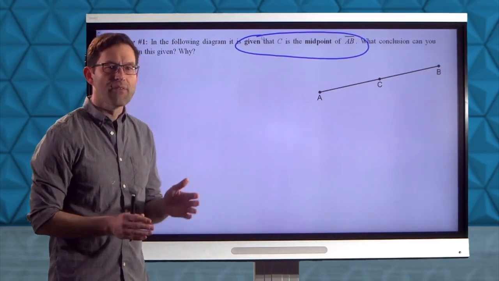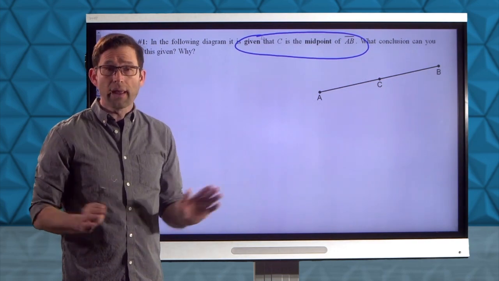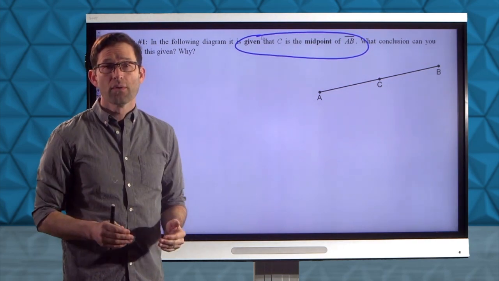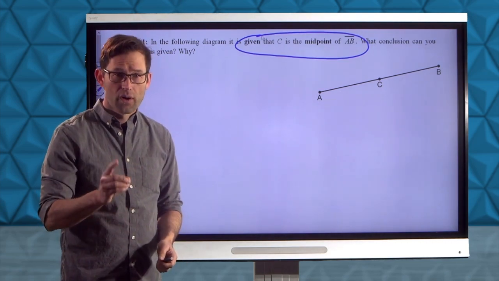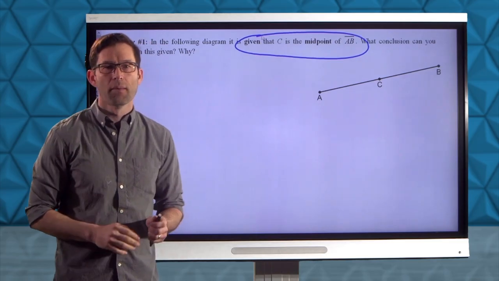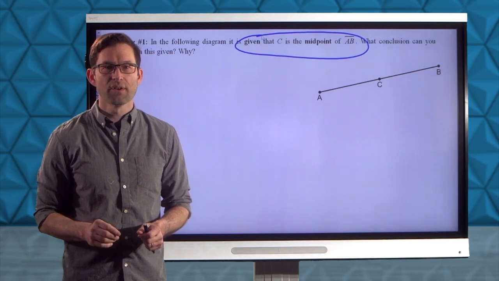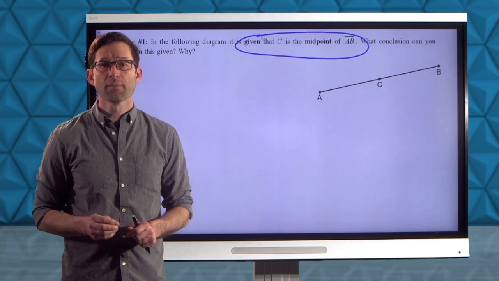Whenever we have a given like this, what we do is we say, all right, that's what we know. That's what the problem has told us. That's what we're going in with. What conclusion can you draw from this given, and why? I bet you can even come up with the conclusion that you can draw from this given. So, take a moment, pause the video, and write something down.